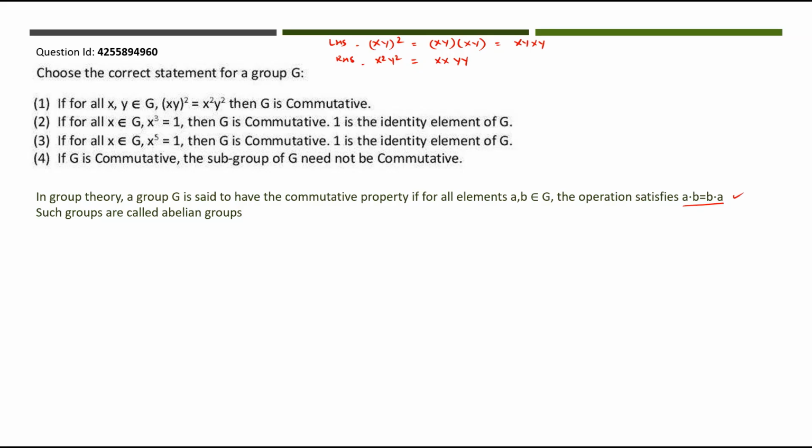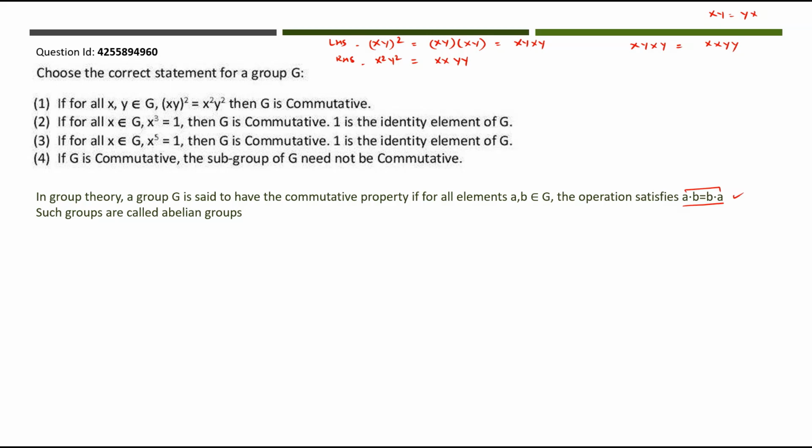How can you say that this particular LHS is equal to RHS? When can this be true? When xy is equal to yx, as we see here in commutative property, we will be able to say LHS is equal to RHS.